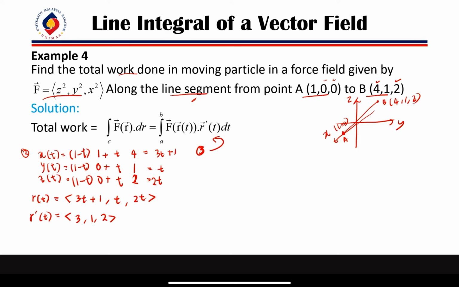Alright, so first of all, we know the line integral is from 0 to 1. Function f is given here as z squared, but we have to put it in terms of t. We have to express this function in terms of t, right?